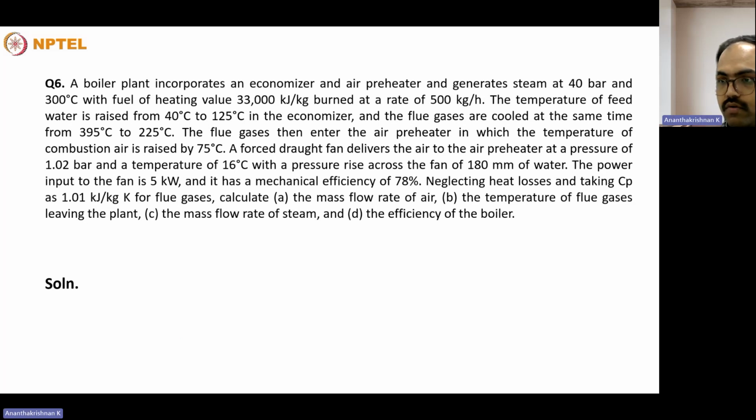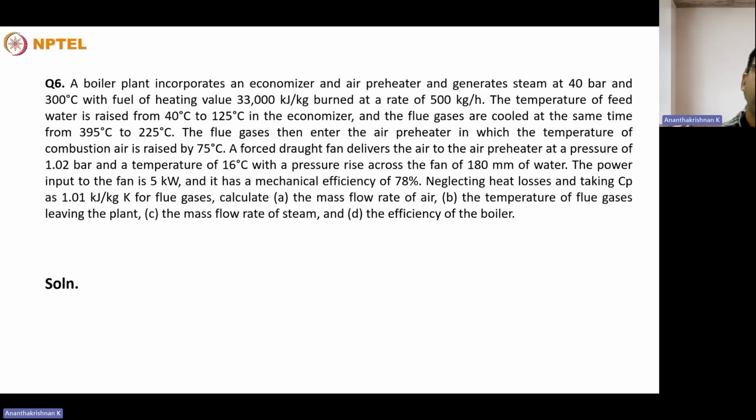Pressurized across the fan over 190 millimeter of water. So 1 atmosphere corresponds to 10.3 meters of water at ground level. So this is 180 mm, so it will be 0.18 meters of water.